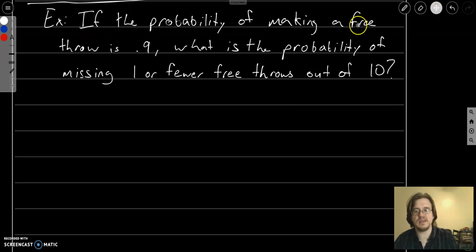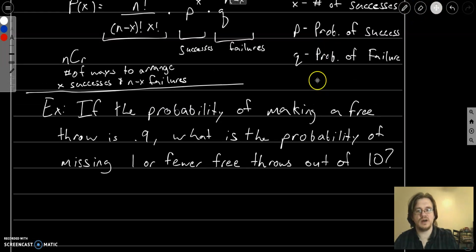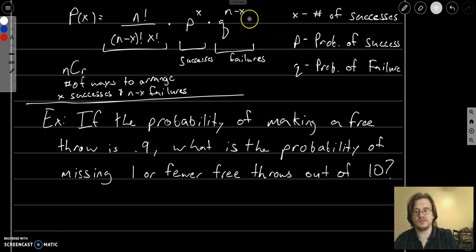If the probability of making a free throw is 0.9, what is the probability of missing one or fewer free throws out of 10? Okay, so we'll use our formula.